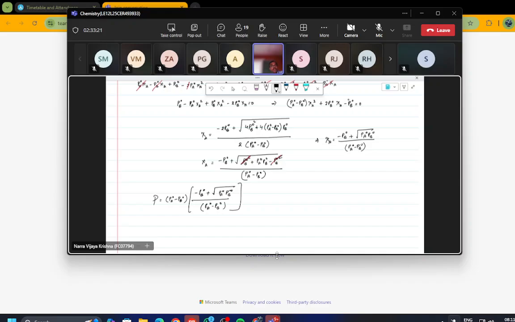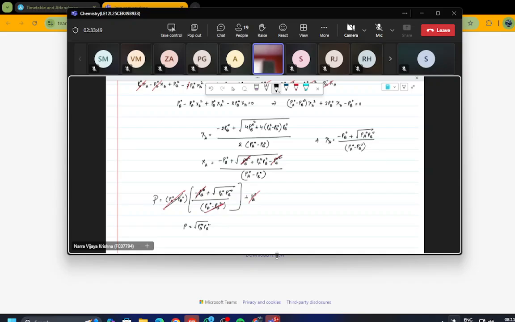Then this and this gone. Then what is left? This minus PB naught and this plus PB naught is also gone now. Then what is total P equal to? Under root PA naught into PB naught. That's what I told.